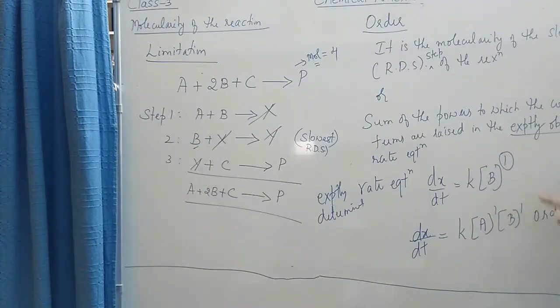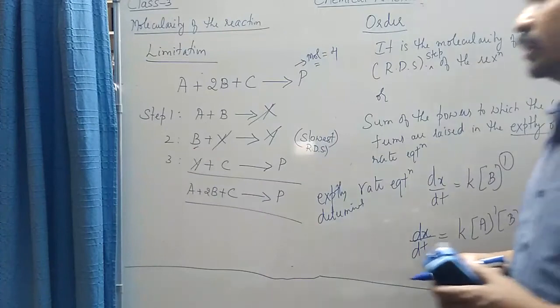It is the sum of the powers to which the concentration terms are raised. So 1, the power to which concentration term A is raised, plus 1, the power to which the concentration term of B is raised. So the total order of this reaction would have been 2. So remember, order of the reaction predicts the exact effect of concentration on the rate of the reaction. Why? Because it is not a predicted quantity, it is actually an experimentally determined quantity.